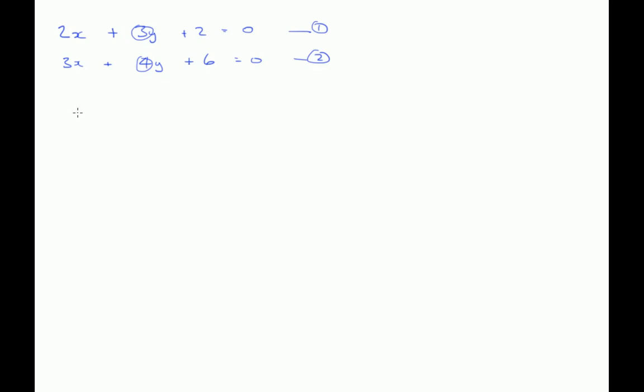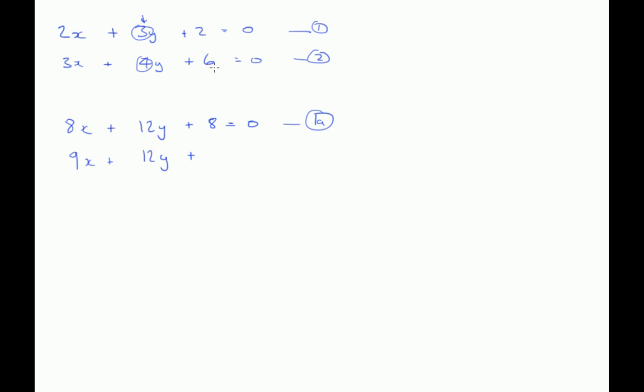Multiplying this one by 4, 2 4s are 8x plus 12y plus 8 equals 0, and we can call that 1a if we like. Then multiplying this equation by 3, the coefficient of y here, we get 3 3s are 9x plus 3 4s are 12y, and we see why we've done that now, because we've got the 12y's common.